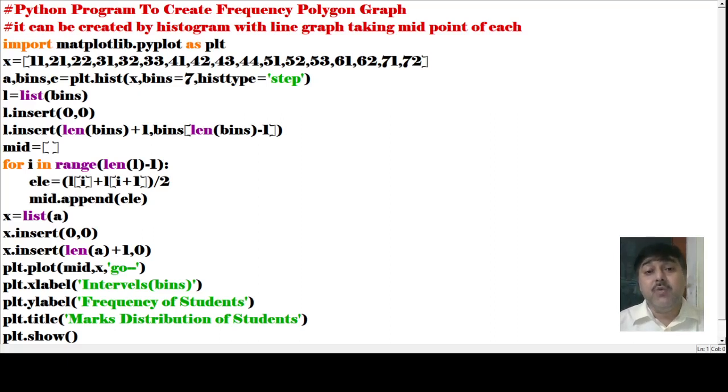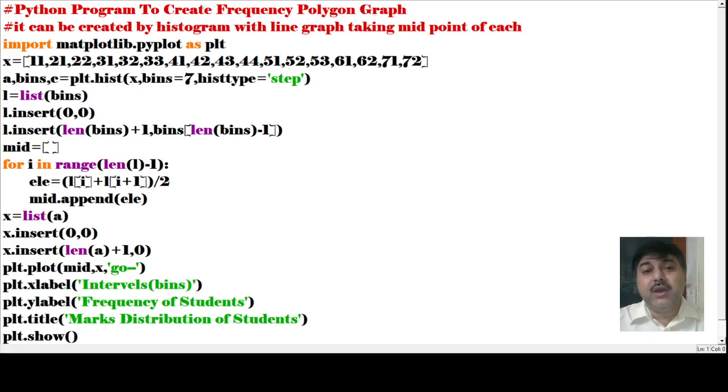Now you see what I have taken: mid, the mid value, a blank list. In this mid value, what is going to pass is for i in range, and the range is len(L) minus 1. For each of those, ELE is L[i] plus L[i+1], and that total will be divided by 2, isn't it?